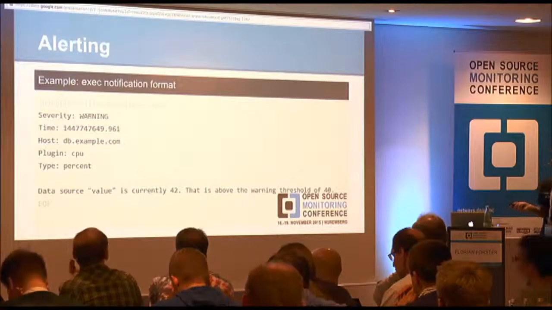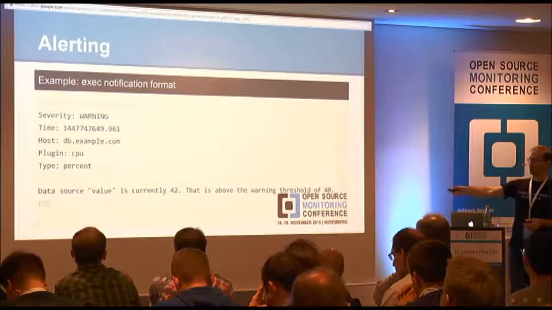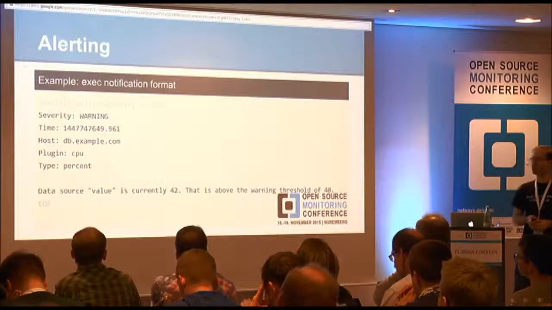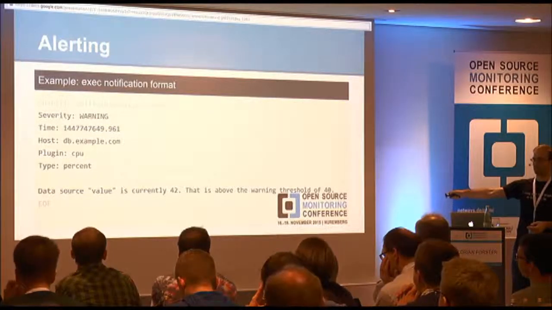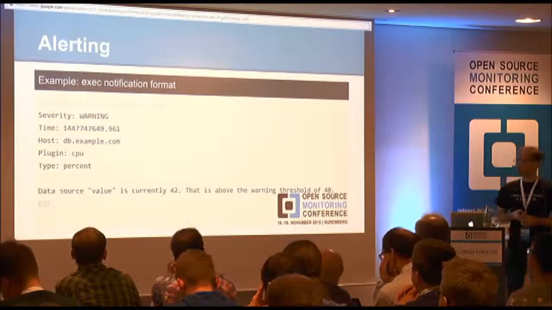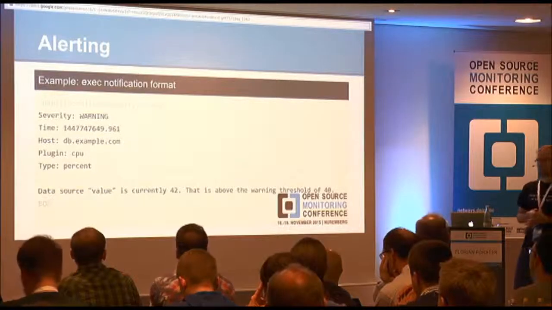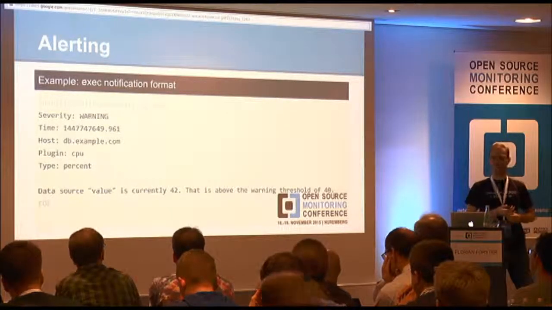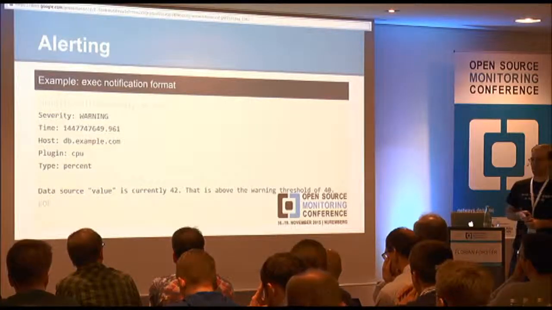This is roughly what the script gets on standard input. There's a severity and a time. The time is a Unix epoch. You get the host, plugin, type, and eventually type instance information in a header that is similar to HTTP. We're not following any standard per se. We expect people to just break at a colon or something.